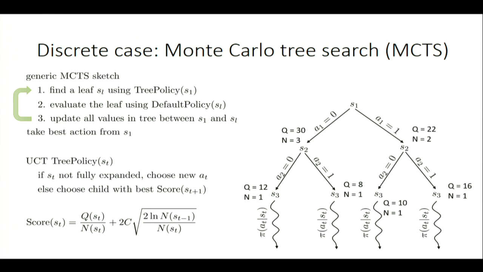Yes? I wonder if that matters here, because here you're considering all the descendants of your node, right? Mm-hmm. So why would the N(s) minus 1 be different? Oh, no. If you're at this node and you're trying to choose whether to go here or here, N(s) minus 1 is the n here. N(s,a) is either this or this, depending on which one you're scoring. Right, so N(s) minus 1 will be the same.